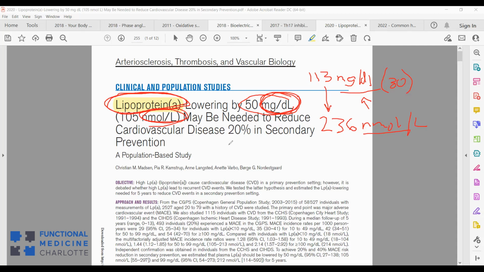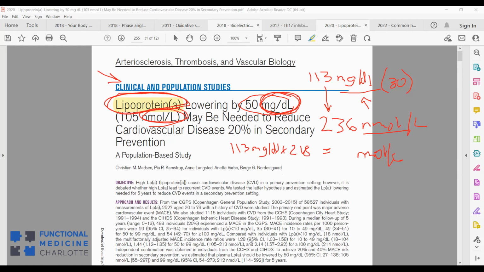When we're looking at lipoprotein A, if you have 113 milligrams per deciliter and you're trying to convert that to nanomoles per liter, you have to multiply times 2.18, or that's what this study is saying. If you read it, the math comes out to multiplying by 2.18.